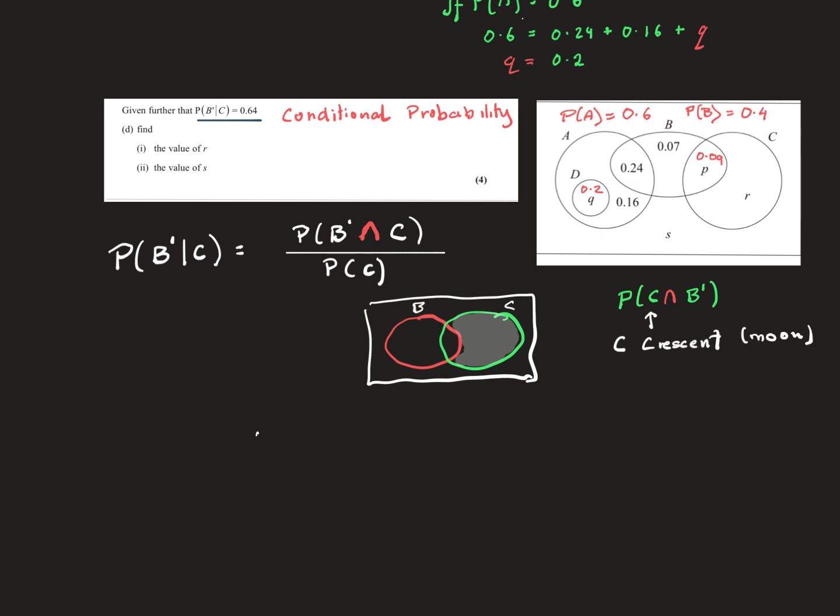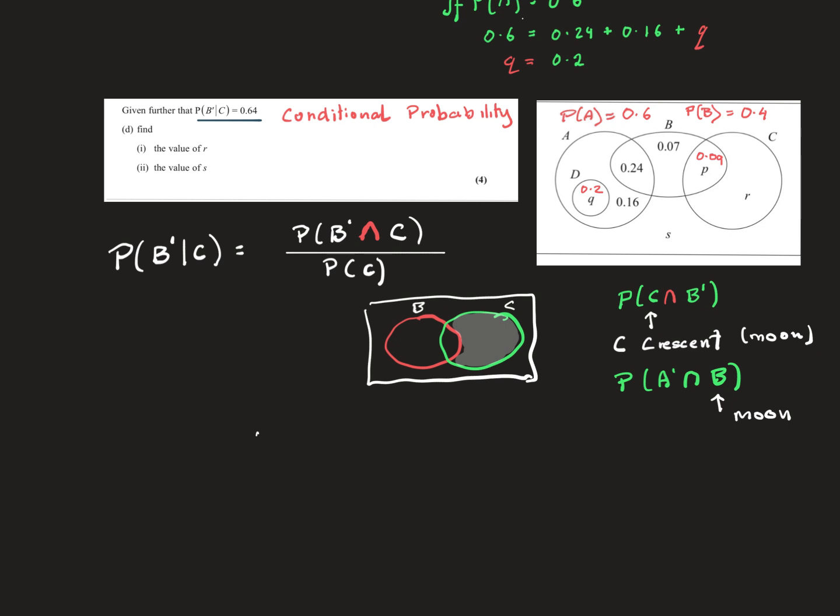Another question: what would be the probability of A dash intersection B? It would be the B moon. It is really quite easy to work this out that way if you can remember it.